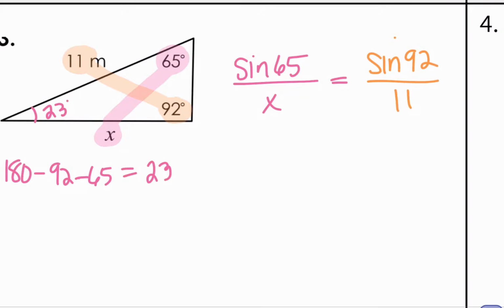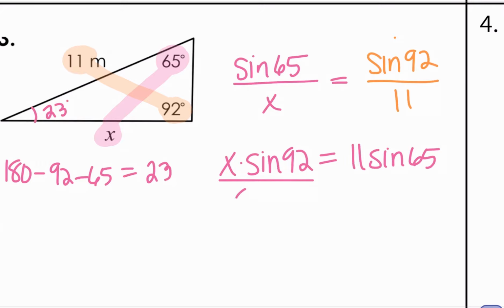So now let's do our cross multiplication. So starting here, x times sine 92 is equal to, other diagonal, 11 times sine 65. Okay, and if I want that x to be by itself, I need to divide by the sine 92.